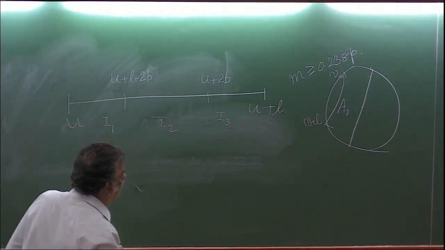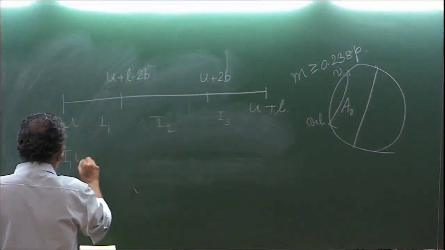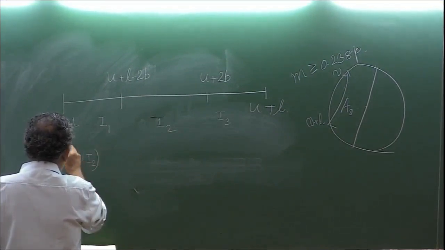Now you look at I1 union I2 intersection B.